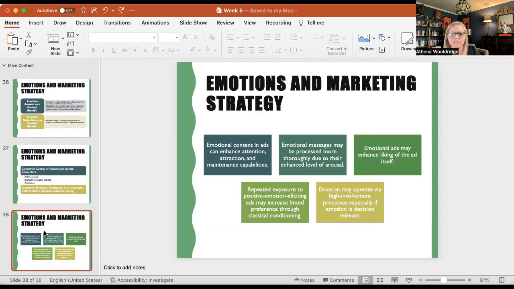Okay. Let's look at emotional content. This can enhance attention, as I've said before. These emotional messages give us this sense of gratitude, this sense of well-being. They pull on the heartstrings. If you adopt a pet for $1 a day, then you're saving millions of pets. And look at this poor animal with fleas and flies flying all around it, and how cute he is.